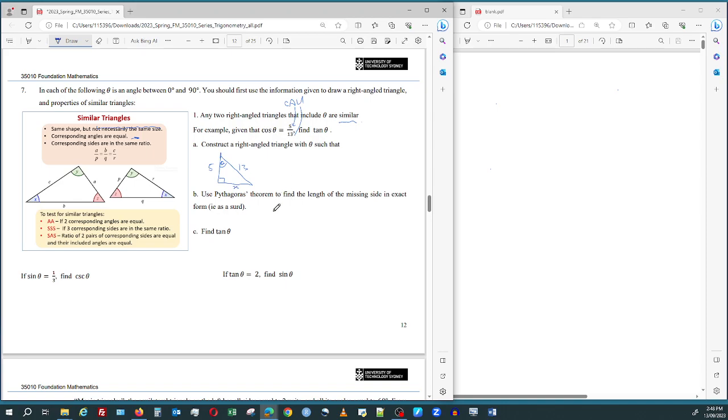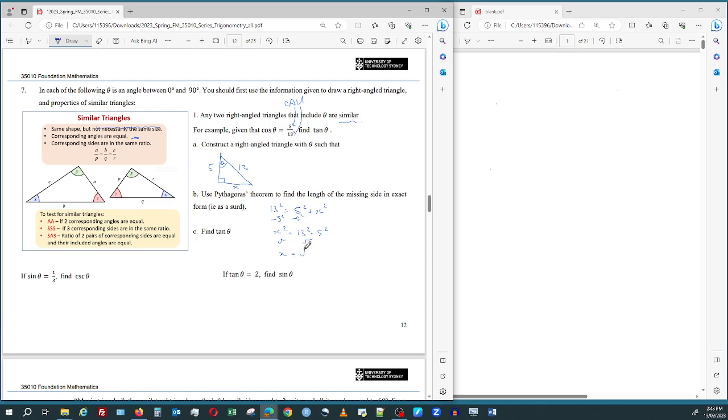And Pythagoras defines the missing side, so 13 squared is equal to the sum of the other two. Okay, so we can minus 5 squared from both sides. So x squared is equal to 13 squared minus 5 squared, which now tells us to take the square root of both sides.